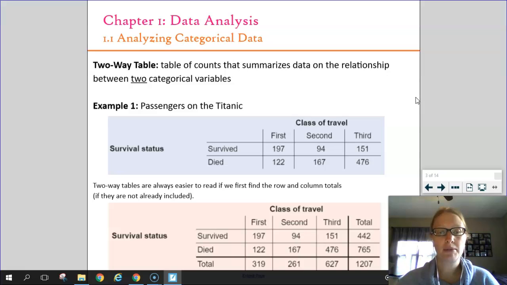Notice that two-way tables are a lot easier to read if we first find the row totals and the column totals if they're not already included. That's what the pink or red table down below shows, the original data in the 6 different cells, as well as the total of each row, the total of each column, which both add up to the 1,207 passengers on the Titanic.